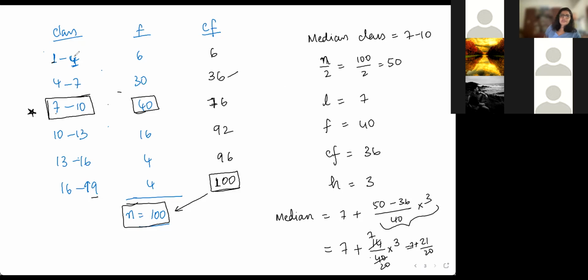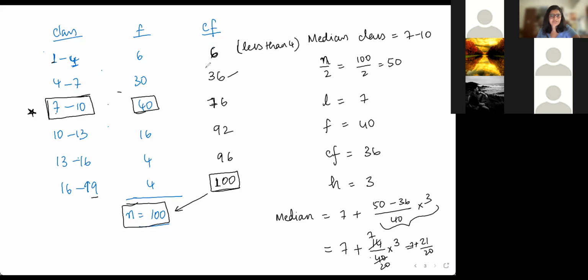So here for the class 1 to 4, cumulative frequency is all of the values until 4. Basically, you can think of this as less than 4. How many values less than 4 do you have? 6.